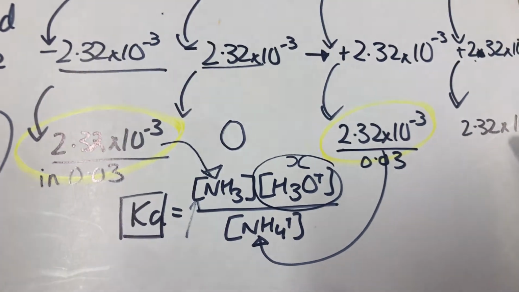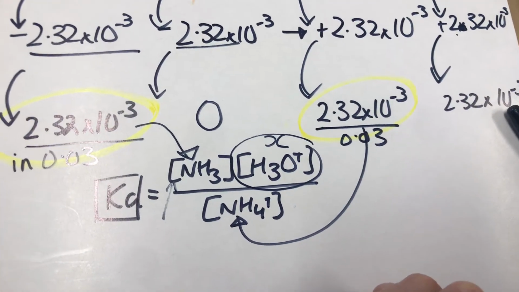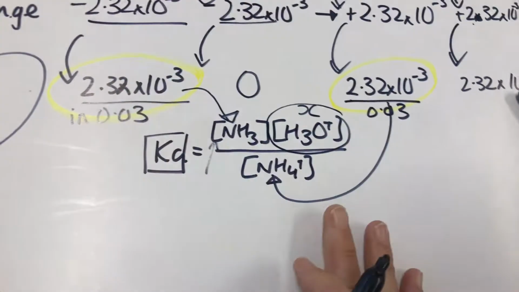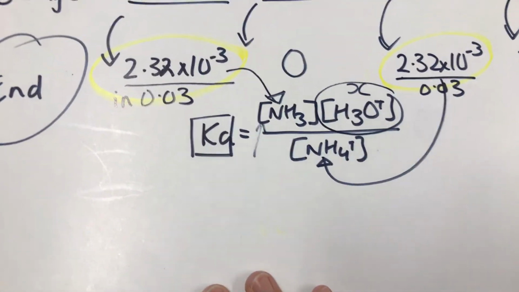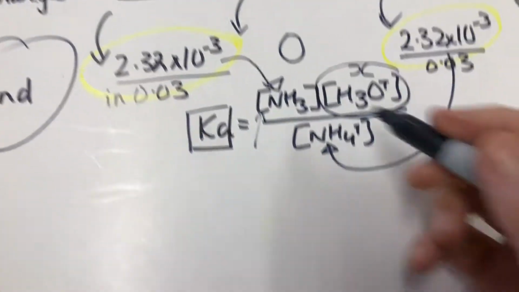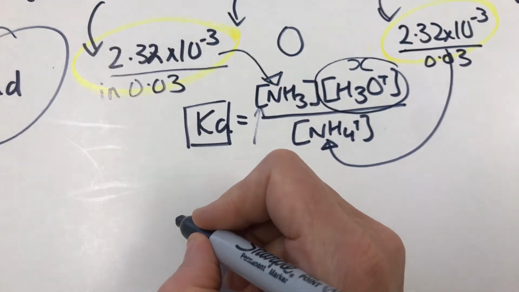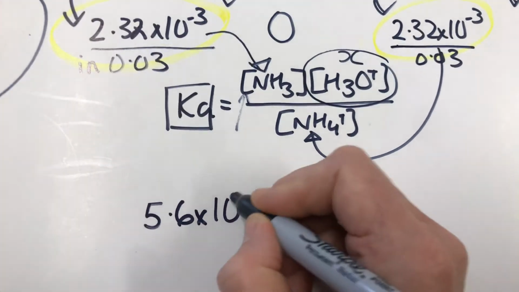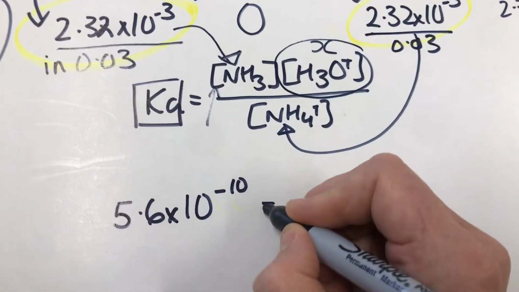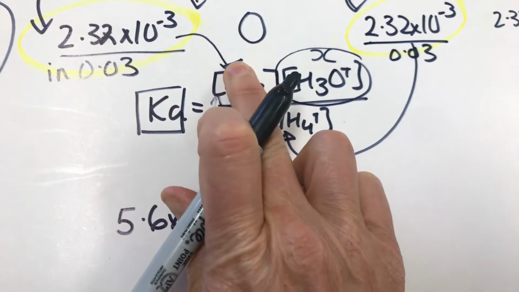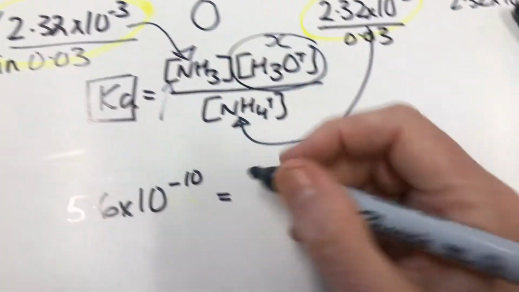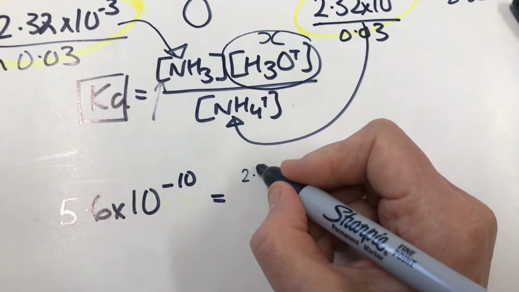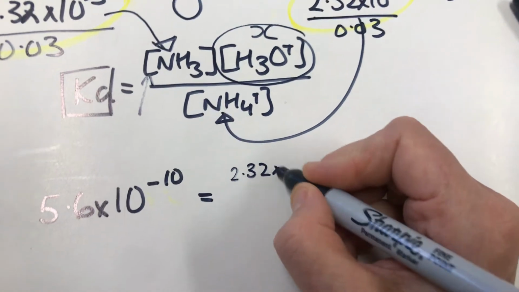Okay, so if I now put all those numbers in and rearrange, I get Ka, which is 5.6 times 10 to the minus 10 equals this number here. I'm just going to actually use the moles because it doesn't really matter, and you'll see why in a minute.